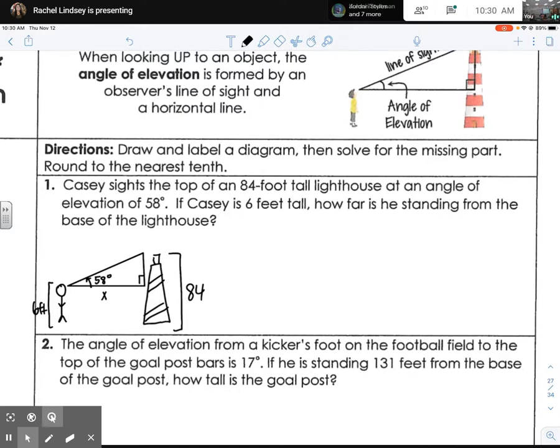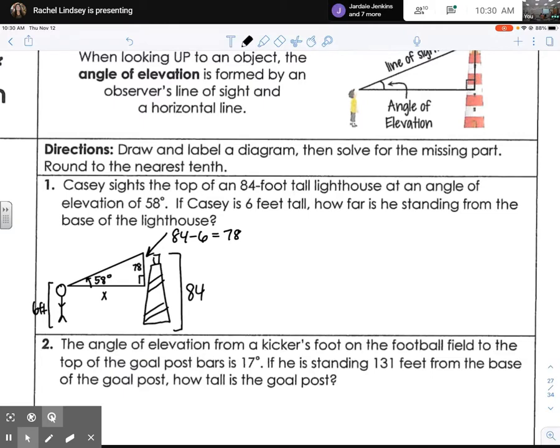We're just using the little stick figure and the lighthouse to help us find something. It tells me that he is 6 feet tall and that the whole lighthouse is 84 feet tall. In order to find this triangle, we have to know this little part. So we're going to do 84 minus 6 to see the difference between his line of sight and the top of the lighthouse. 84 minus 6 is 78, so this side is 78.